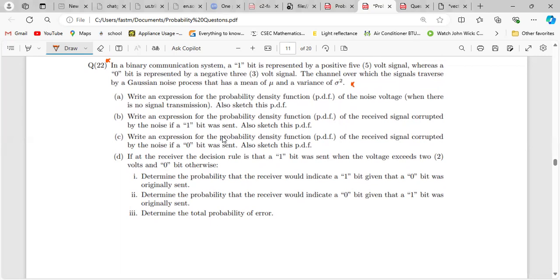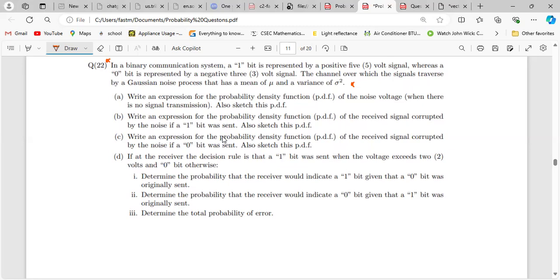So let's put it into perspective. Noise is happening. A voltage is coming in, which you measure in volts, and based on the voltage coming in, it will know if it's a 1 or a 0. So in the binary communication system, a 1 bit is represented by 5 volts.